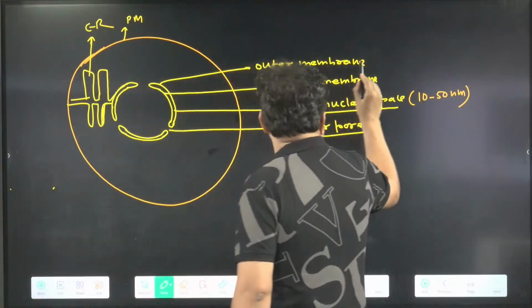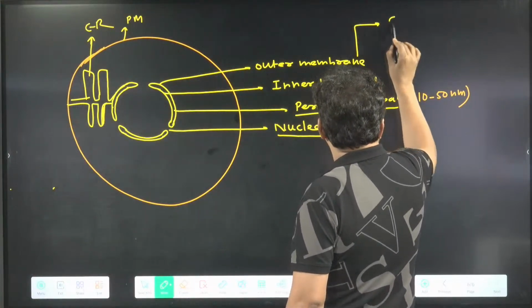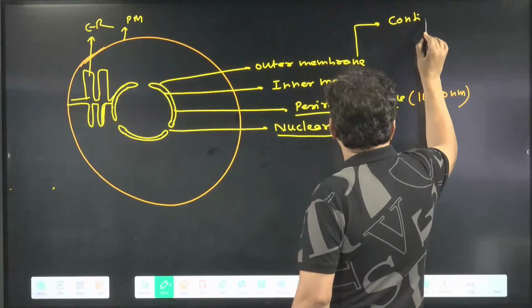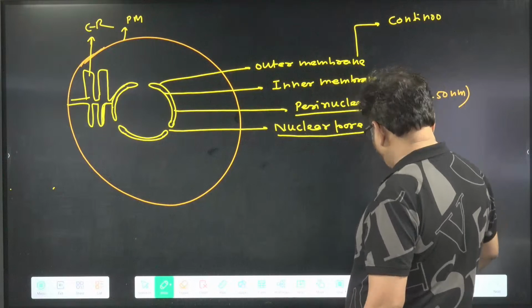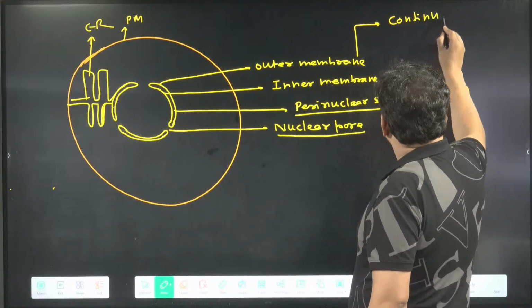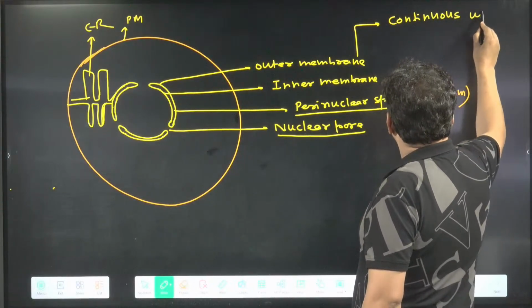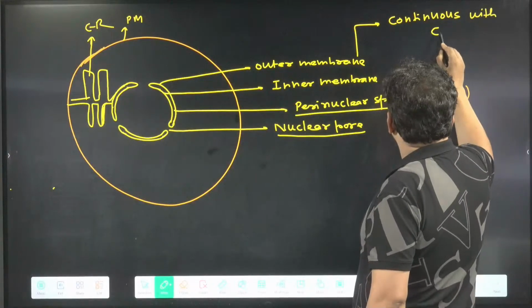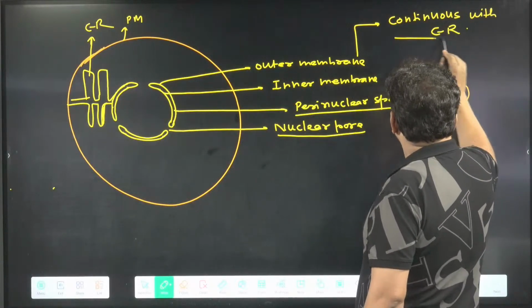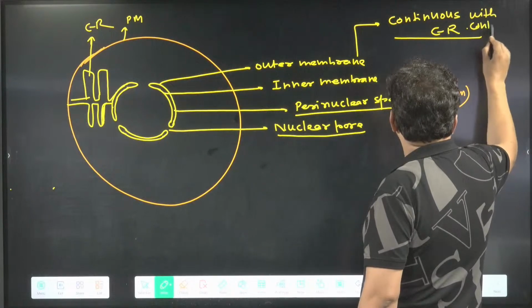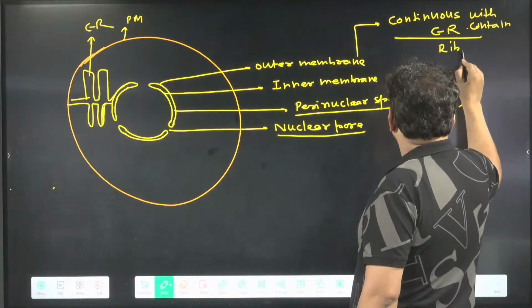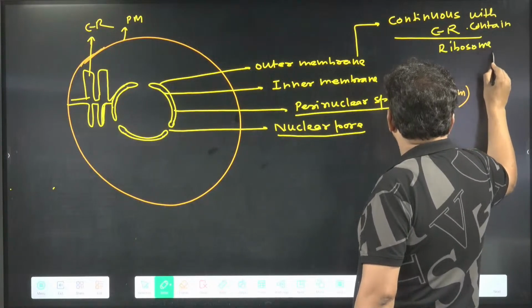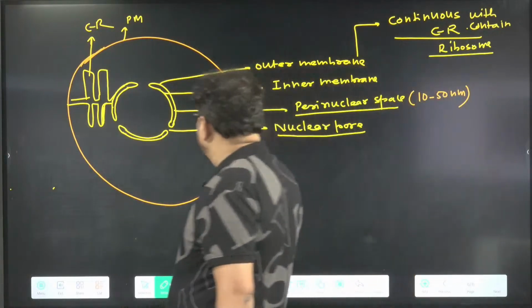So can I write here, outer membrane continuous with ER, and contain ribosome. Understanding the idea or not?